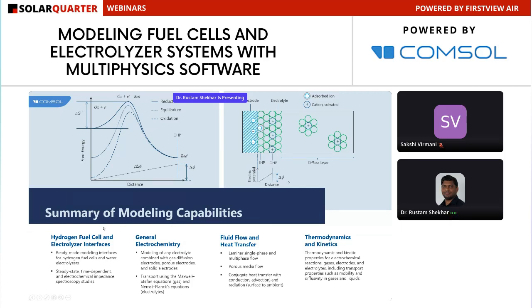To provide the functional properties to all three physics, which we can see on the screen, electrochemistry, fluid flow, and heat transfer, you may require thermodynamic properties, which can be from the gas side or the electrolyte side. If you want to calculate those different properties, you can use the thermodynamic database available in the software, and from there you can accurately predict the kinetics for your fuel cells and electrolyzer systems.